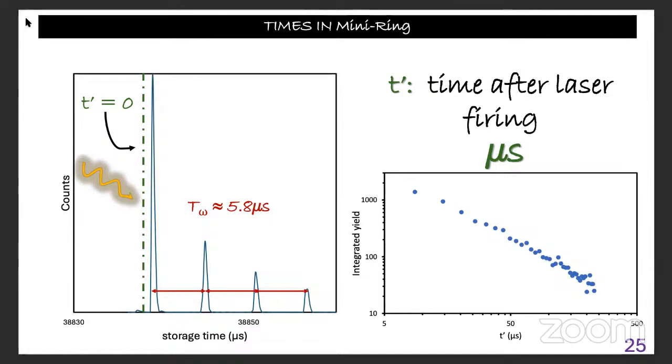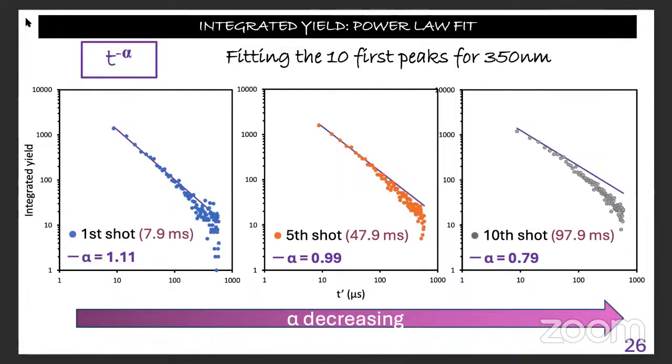We have a kind of linear trend, let's say. So a first approach for obtaining qualitative information is to fit the experimental decay with a power law, T to the minus alpha.